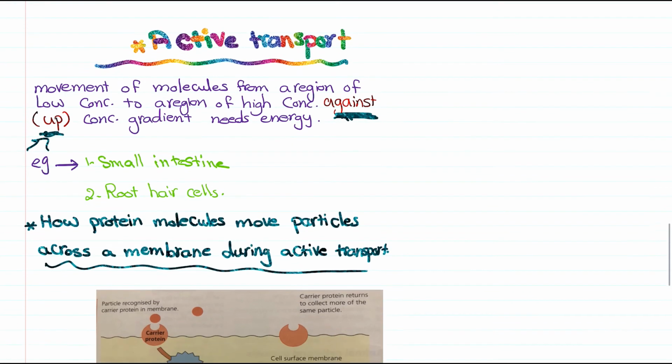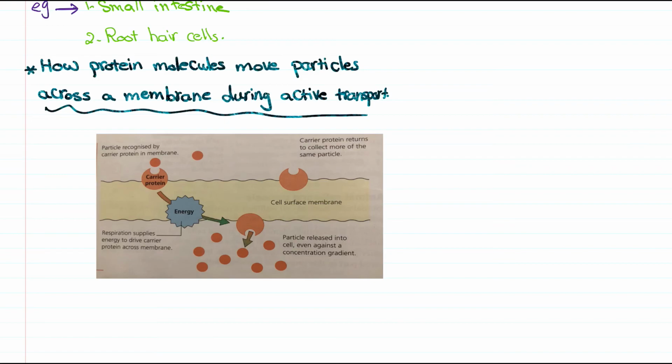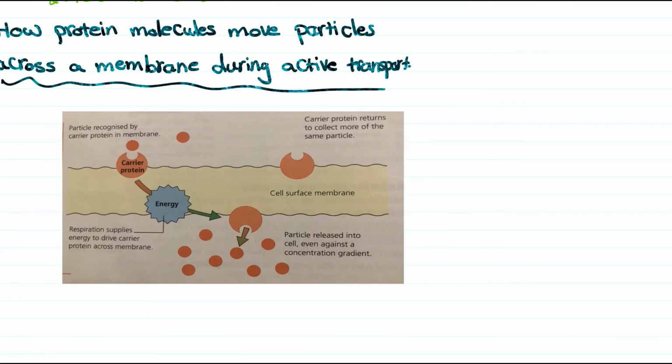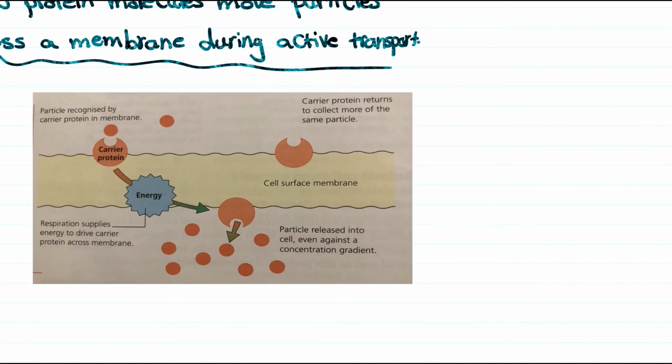So here is the last point in our lesson: how protein molecules move particles across the membrane during active transport. As you see here, in the cell membrane we have a special protein which is called carrier protein.